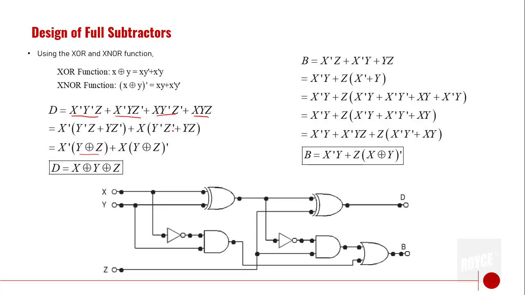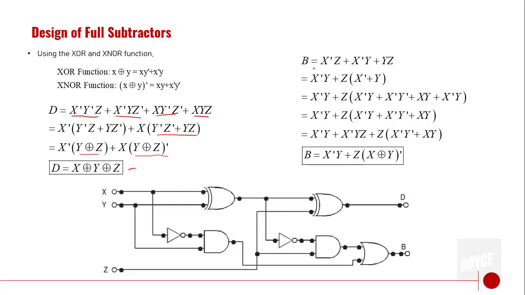Ang matitira is y prime z prime or yz. Now, we know that this is XNOR. So, ayan siya. Now, from here, this format is x prime y or x y prime. So, yung D pala natin is simply x XOR y, XOR z.